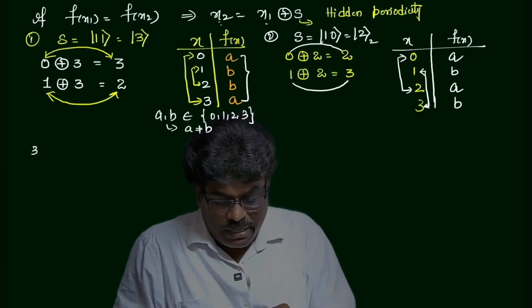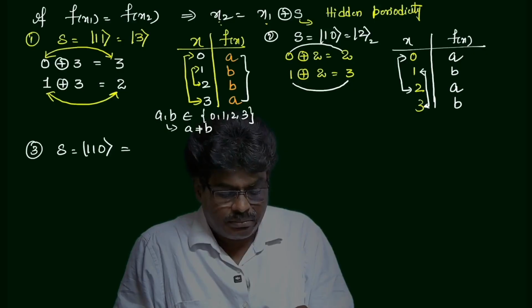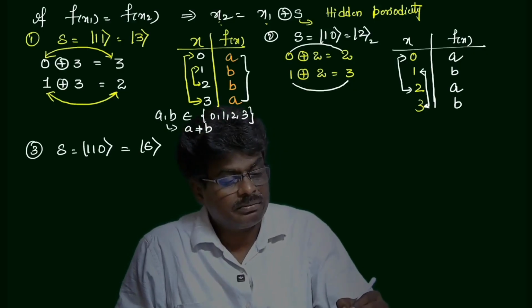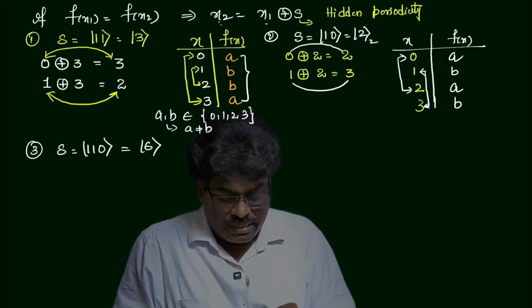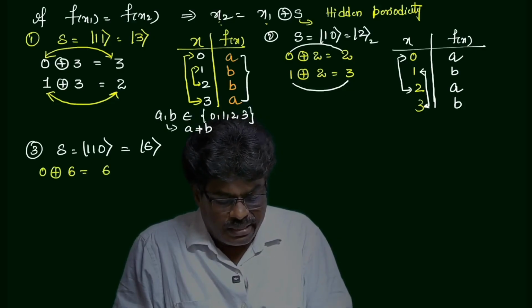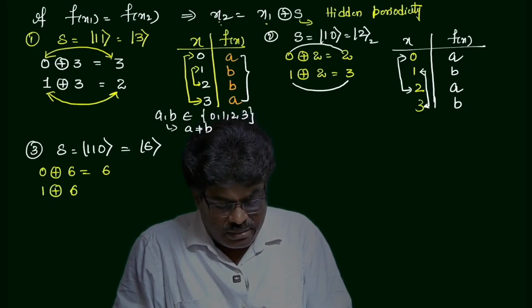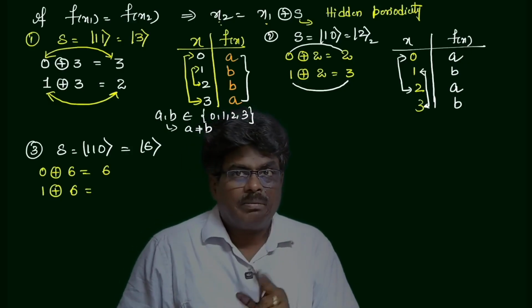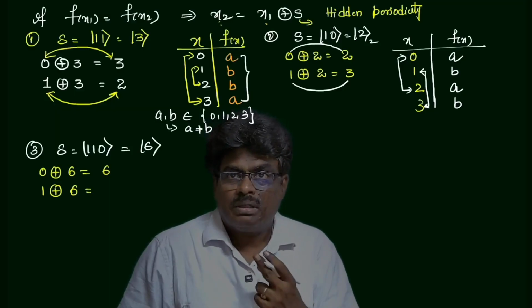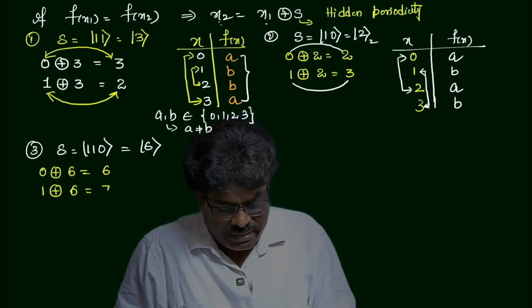Okay, let us take a 3 qubits example, how to construct the tabular form. So I'm taking the third example, S is equal to 110, that is a 6, right? Now let us start. Here it is a 0 XOR 6, we can write it as a 6 because there is no common, and a 1 XOR 6, here also no common because the 6 is what? 4 plus 2, that is a 1. So that's why there is no common, that's why it is a 7.